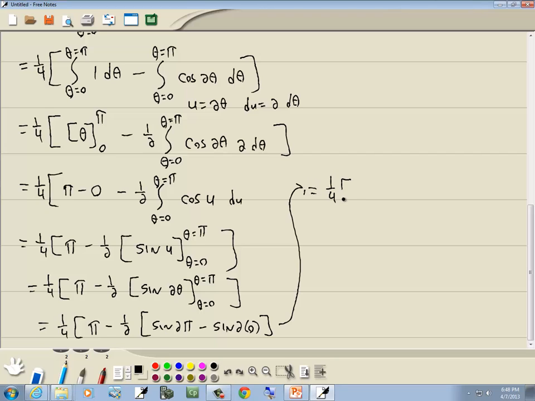Which gives us 1/4 pi minus 1/2. Sine of 2 pi, if I look that up in a circle, that's 0. Minus 2 times 0 is 0, and sine of 0 is 0. Well, 0 minus 0 is 0, times 1/2 is 0, so that drops away. And we got 1/4 times pi, which gives us pi over 4 for our answer.